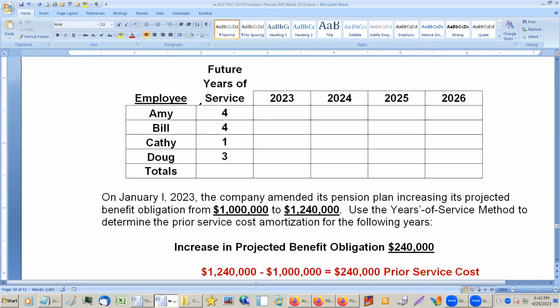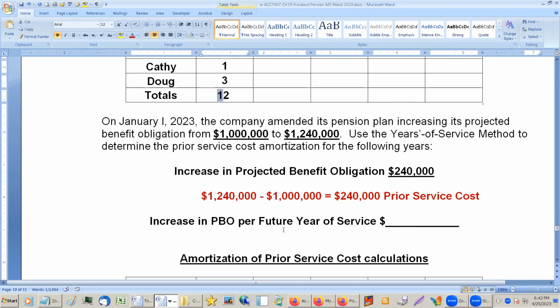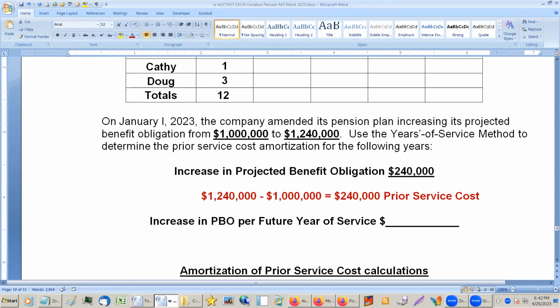Okay, now how many future years of service are we going to get out of these people? So we have Amy, Bill, Kathy, and Doug. Is that 12 total? So they're going to be 12 total service years. So we're going to calculate how much it is per service year.